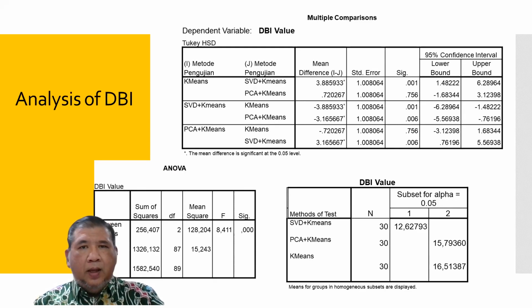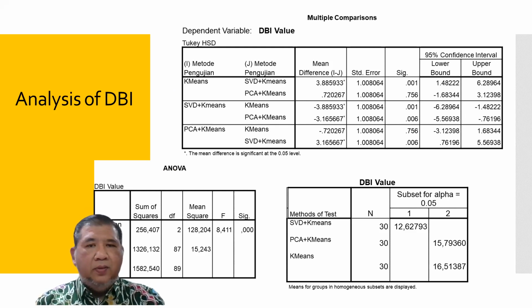Okay, and here are the results, where we find that in DBI value, there are significant differences between the results.